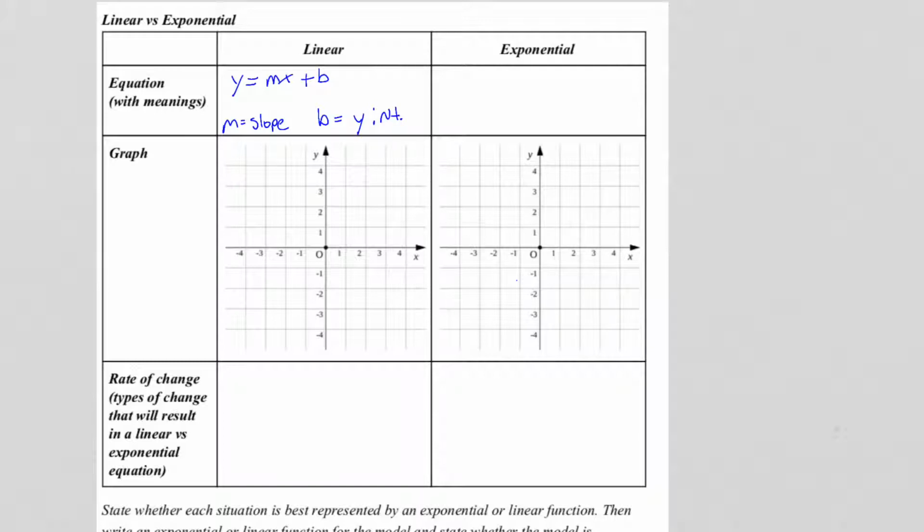and b is the y-intercept. And in an exponential function, it's f of x is equal to a times b to the x, or y is equal to a times b to the x. This is the one you'd have to actually enter when we start graphing these things into Desmos. And a is the y-intercept, and b is the common ratio.